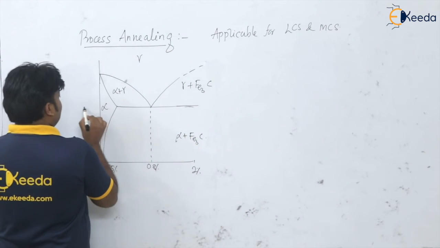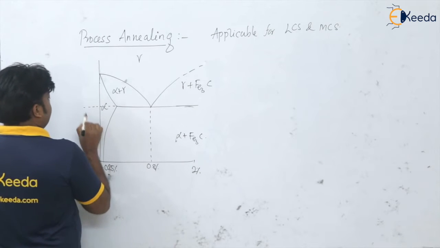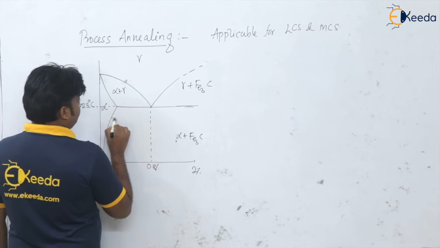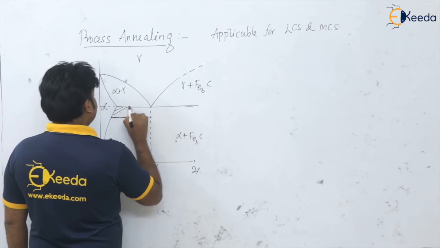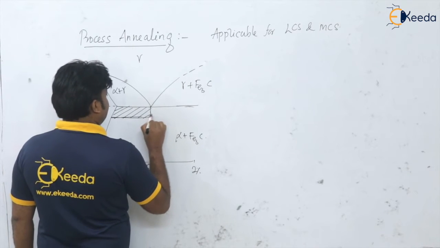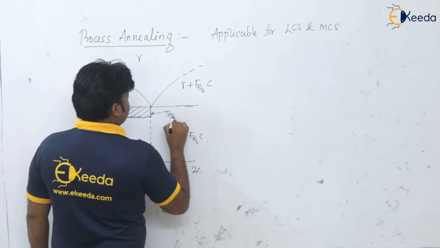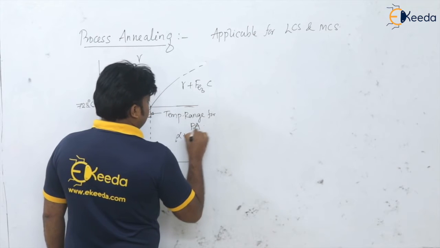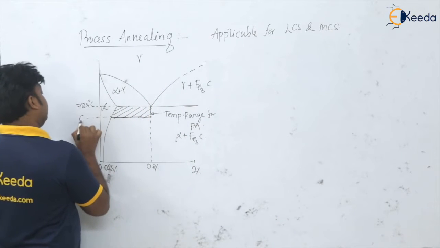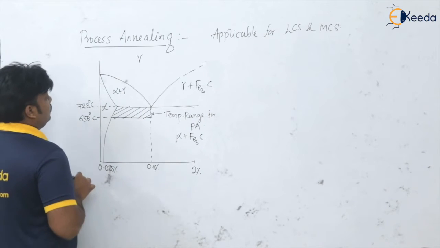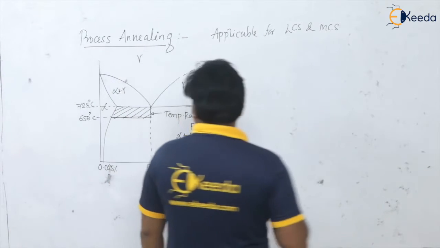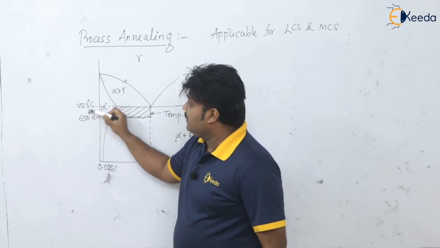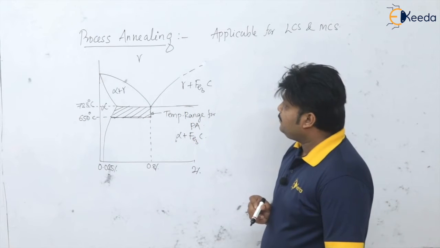Now see here, for the process annealing, this is 723 degrees centigrade, the lower critical temperature, and this is the temperature range for process annealing, from 650 degrees centigrade to 723 degrees centigrade. So we are heating the steel just in the temperature range of 650 degrees centigrade to 723 degrees centigrade.